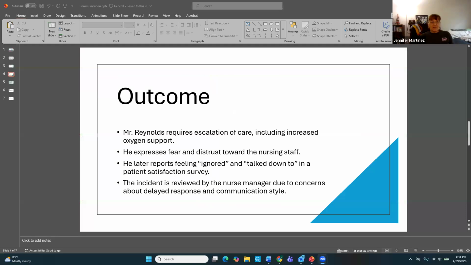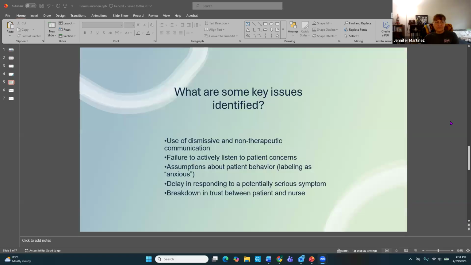Outcome: Mr. Reynolds requires escalation of care, including increased oxygen support. He expresses fear and distrust towards the nursing staff. He later reports feeling ignored and talked down to in a patient satisfaction survey. The incident is reviewed by the nurse manager due to concerns about delayed response and communication style.